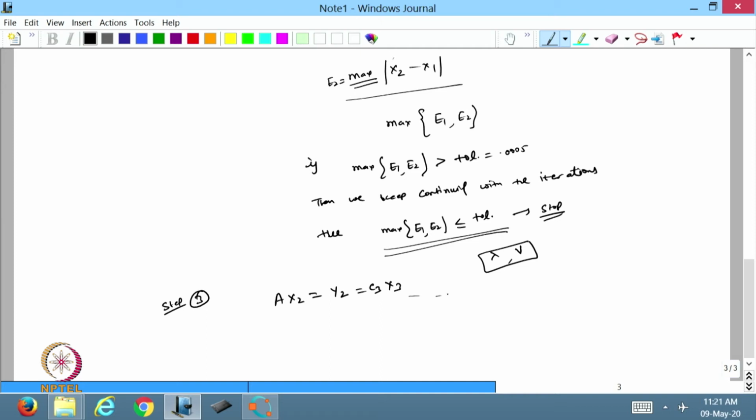So, I will keep doing this. We will find out in the MATLAB code in how many iterations we are going to find the solution, but this is the algorithm, this is the way we can find the solution. We will find that out when we do the coding in MATLAB. So, this is the way we can find the dominant eigenvalue.